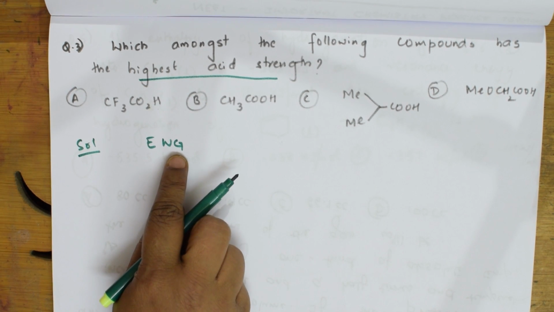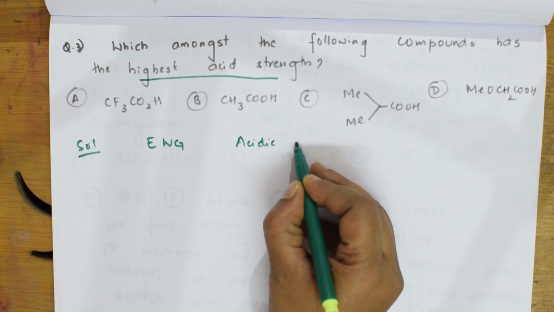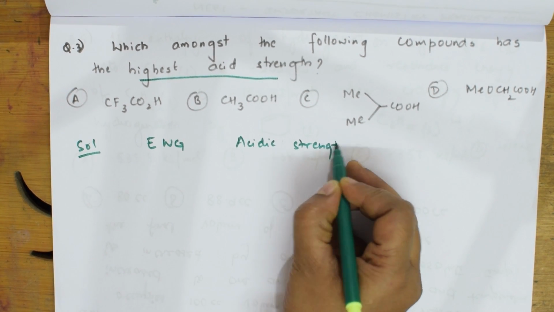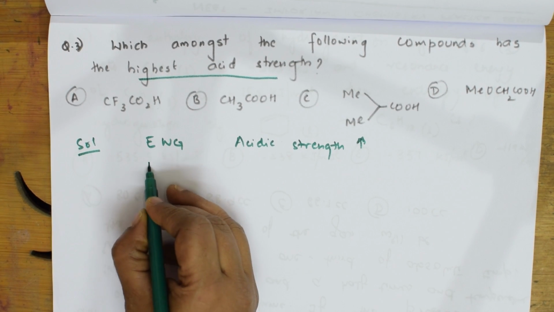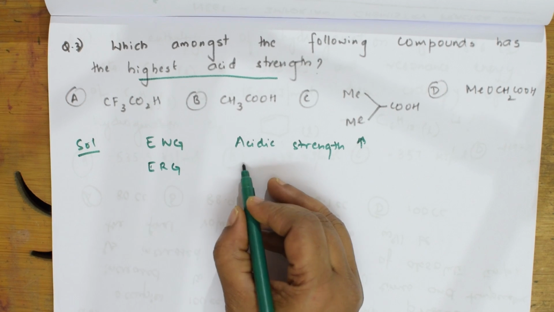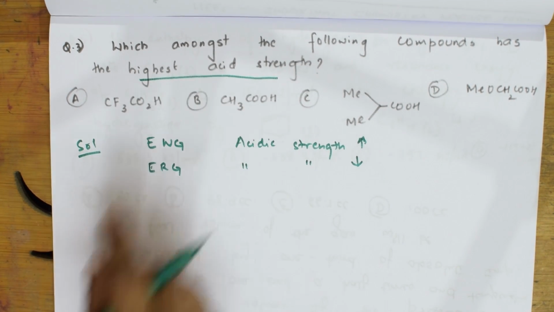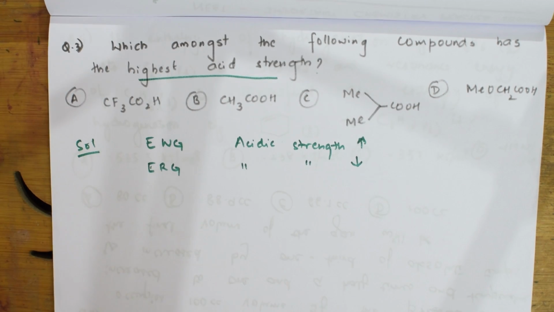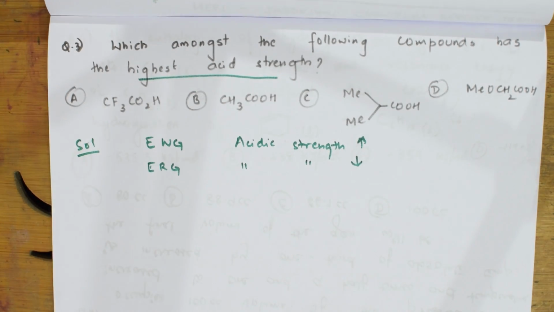If an electron withdrawing group is there, acidic strength increases. This is the first concept. In the other way, if electron releasing groups are present, acidic strength decreases. Remember this. Now they asked me which has the highest acidic strength, so I have to check which has more electron withdrawing groups.